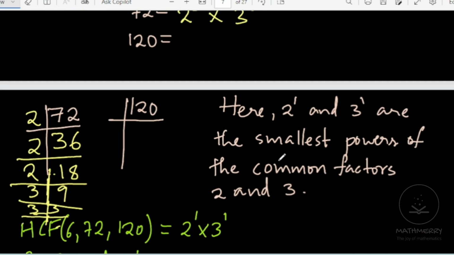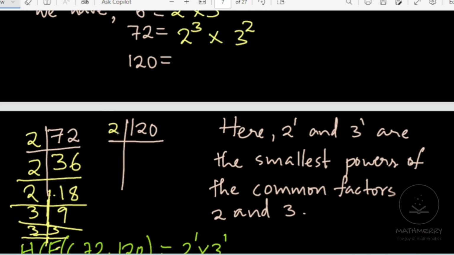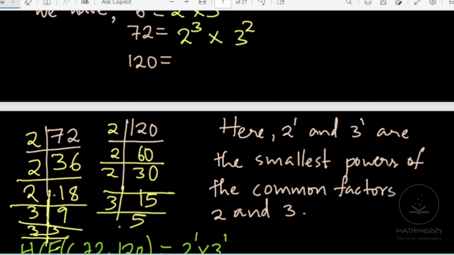Now again, for 120 we have to do the prime factorization. 120 divided by 2 is 60. 60 divided by 2 gives 30. And 30 divided by 2 is 15. Now 15 is not divisible by 2, so we try 3, and it's divisible by 3, which gives us 5.